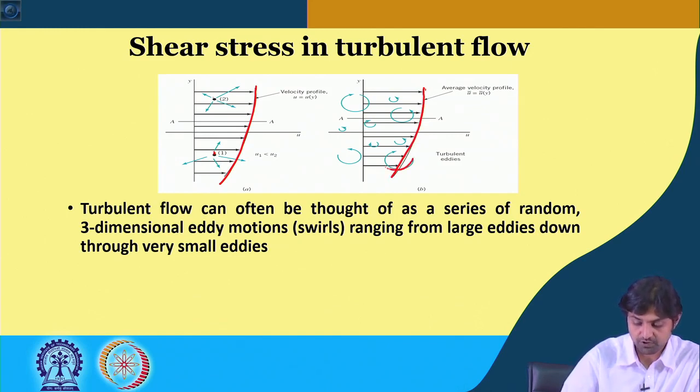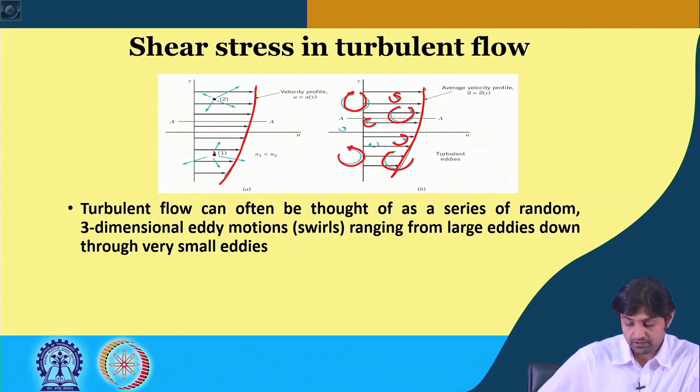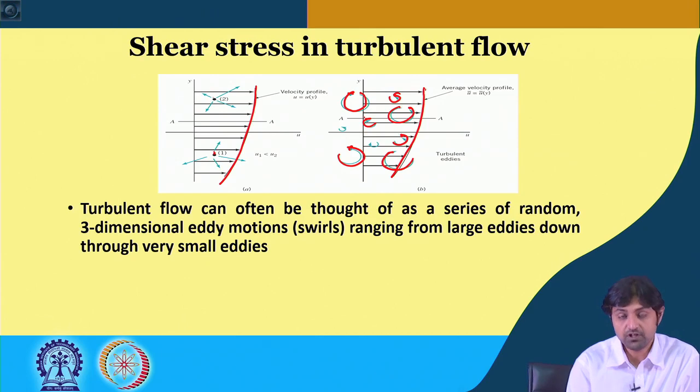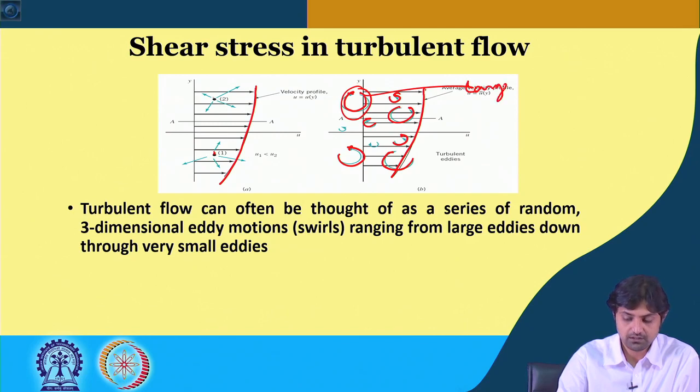You can see we have plotted the turbulent eddies here. So eddies have been represented. Turbulent flow can often be thought of as a series of random three-dimensional eddy motions ranging from large eddies down to very small eddies. This is a large eddy, and these are small eddies.